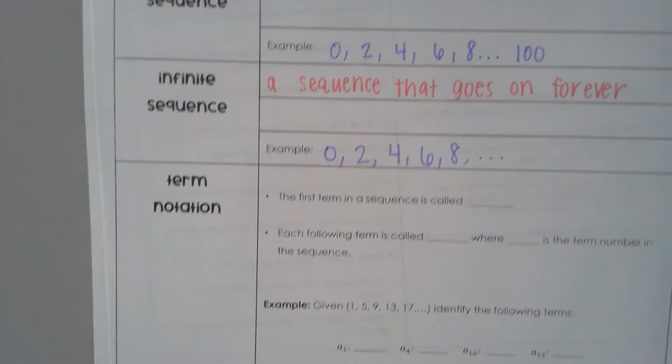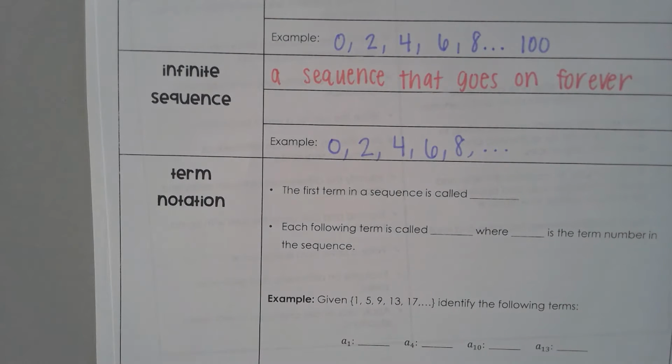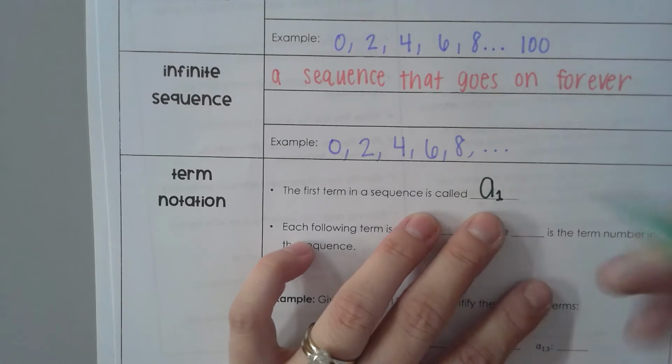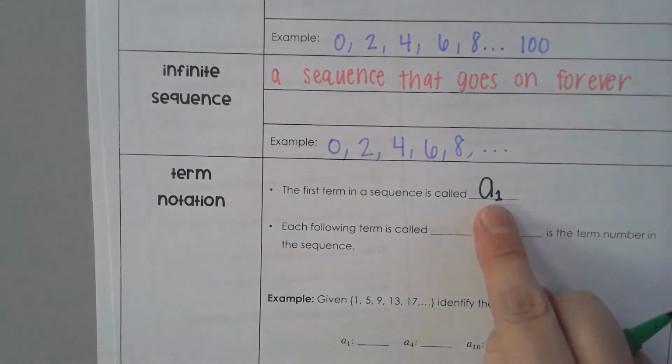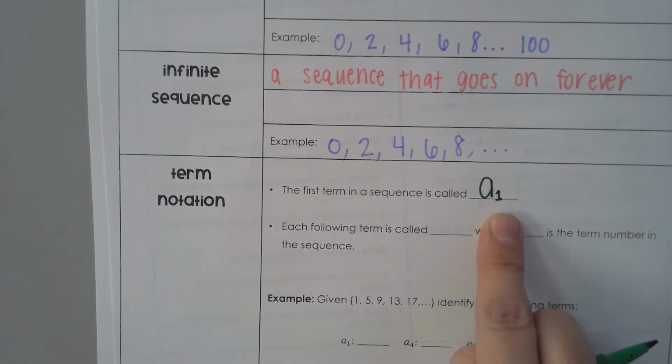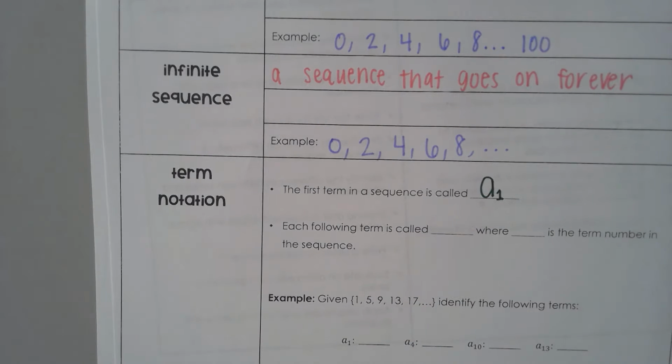The first term, we give it a special name, which we call A1. So it's a lowercase a with a little tiny 1 down here at the bottom. They actually all say A. So everything is an A. A1, A2, A3, A4.